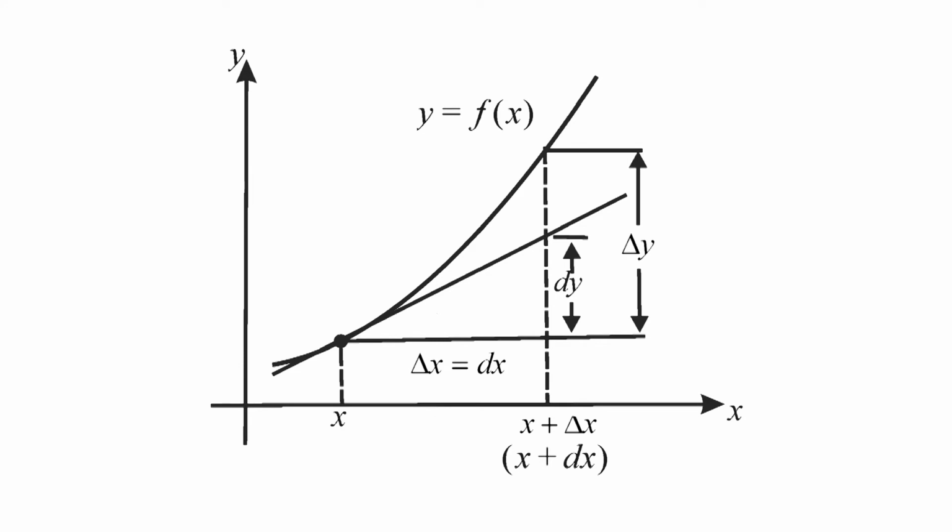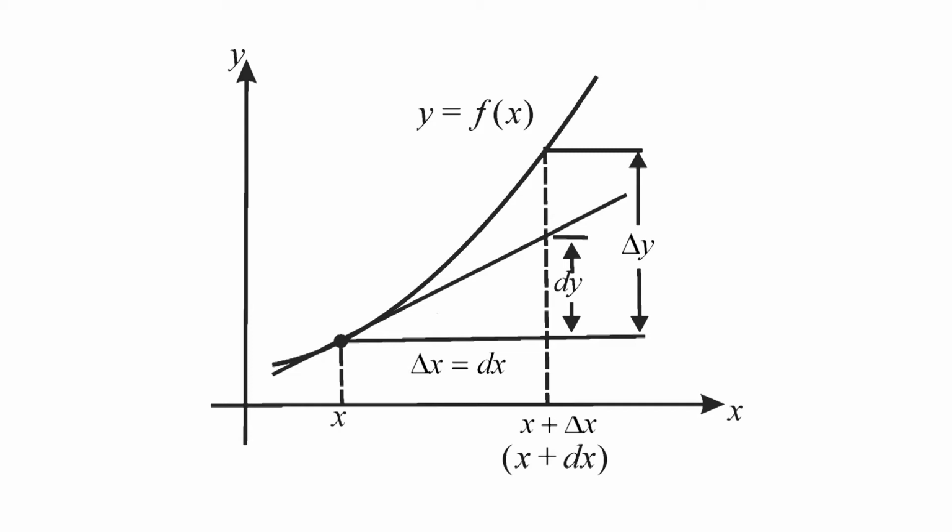It is important to understand the distinction between the increment delta y and the differential dy. To see the difference, let us assign the independent variables dx and delta x the same value, so that dx is equal to delta x.